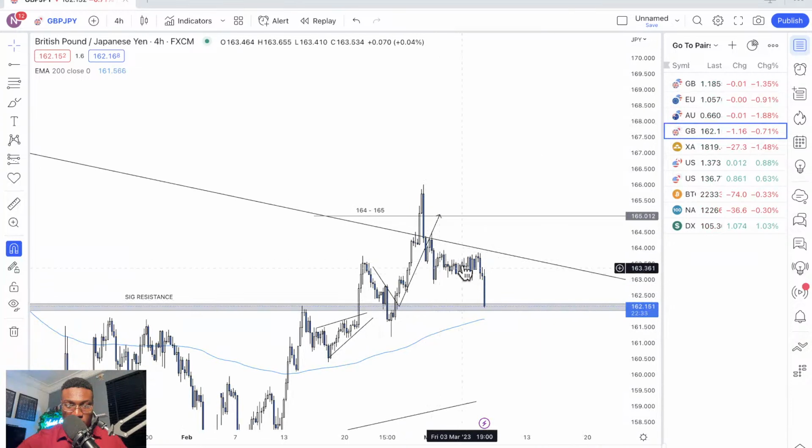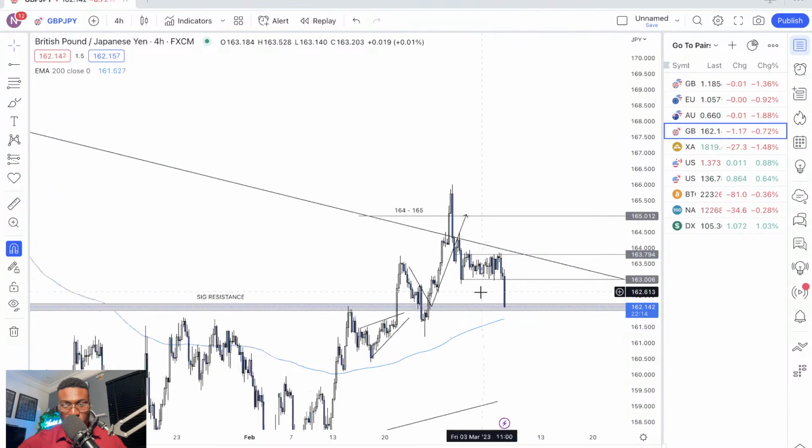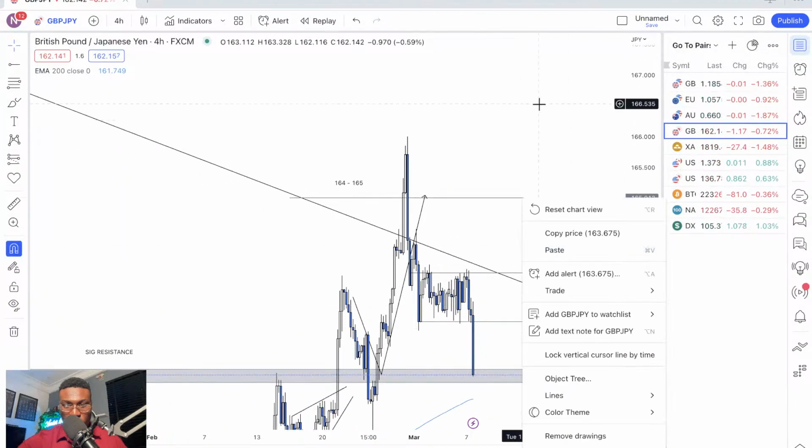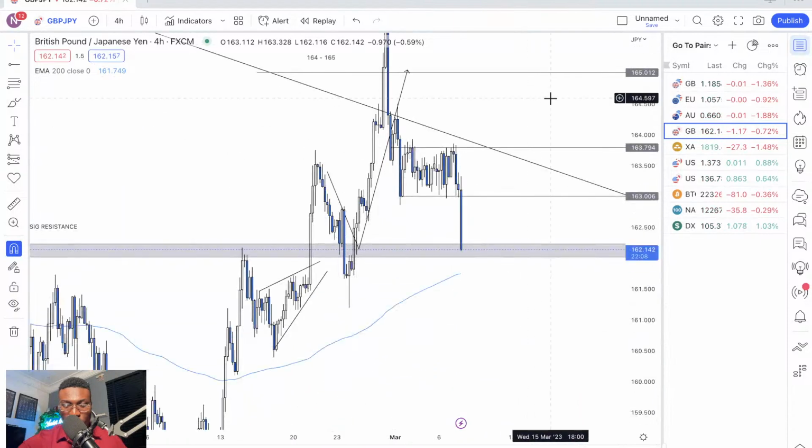So we had this consolidation here. Just show you guys that as well. So we've had this nice consolidation here and a break below the consolidation. Now, just zoom in a little bit.